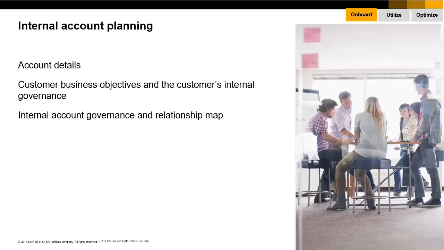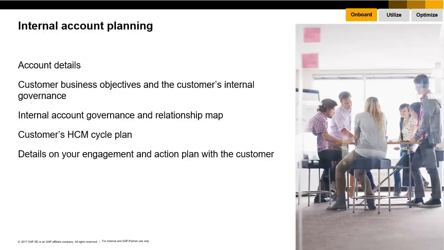This is getting the right people on the customer side aligned and talking to the right people on our side, the customer's human capital management cycle plan, including primary cycles for major programs and modules, details of your engagement plan and action plan specific for this customer, as well as upcoming renewals and sales opportunities to align on. Reach out to your SAP SuccessFactors Partner Business Manager for additional recommendations.